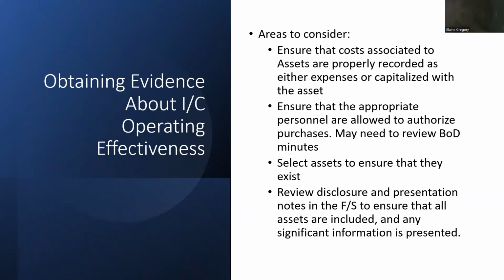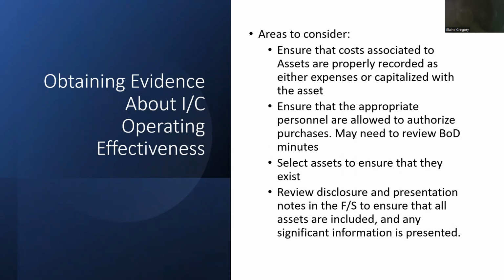Some things we want to consider when we're thinking about the evidence that we're going to use to support the operating effectiveness is first talking about those policies, processes, procedures that management should be putting forth to guide the staff on how to manage these more complex assets.